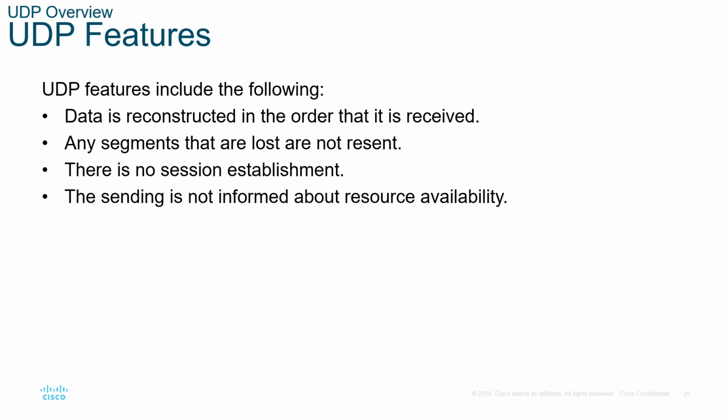Now we get into UDP. So you can see that data is reconstructed in the order it's received. We don't have any sequence numbers here. If segments are lost, we just deal with it. That's how you kind of know when you're having voice issues. When networks are good, everything's running correctly like it's supposed to. We're seeing packets flow.